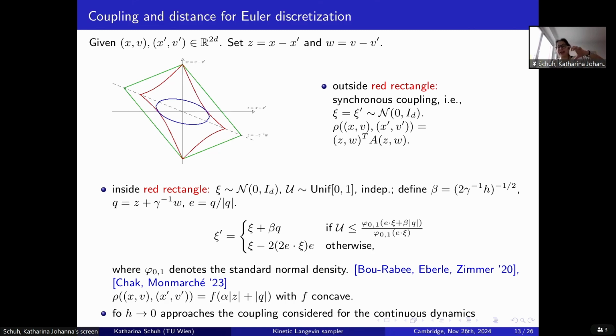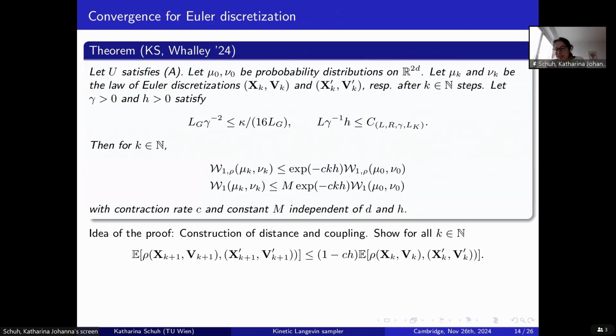So there is the transition between the two distances and the two coupling constructions. And with this distance rho, which is the gluing between the two local distances, we can get contraction with a contraction rate c. And this distance is again equivalent to the Euclidean distance, therefore we also get contraction in Wasserstein one distance with respect to the Euclidean distance, paying here a price of an additional constant.